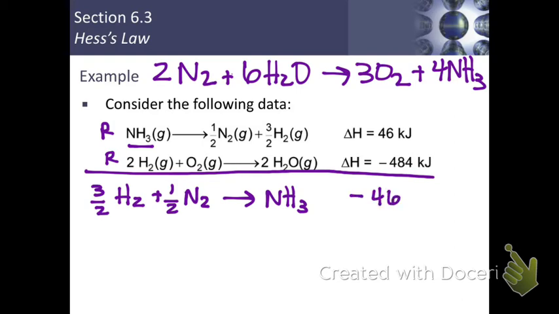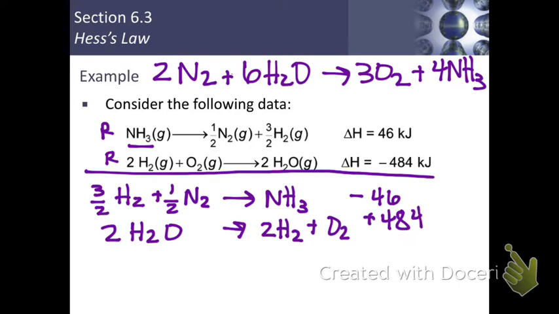The second one would be 2H2O yields 2H2 plus O2. And that would give me a positive 484. Okay, when I'm rewriting them, I try to be really careful about putting my arrows in the same spot so that I really have a definitive left and right side of my equation, right? That helps me see this one's on the product side, this one's on the reactant side.